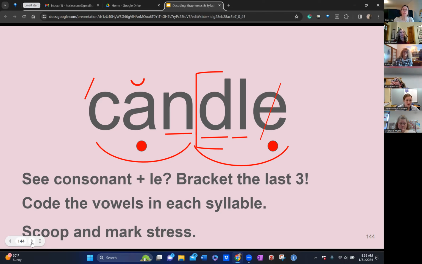And I want the student to prove to you how they know that is the stressed syllable. They can get the word in trouble, right? You can try to stress the other syllable if you're not sure, like I did. Do we say can-DLE? No. Okay, do we say CAN-dle? Is that a word that's in your spoken vocabulary? Oh yeah, it's a candle. Yeah, I know what a candle is. Okay.